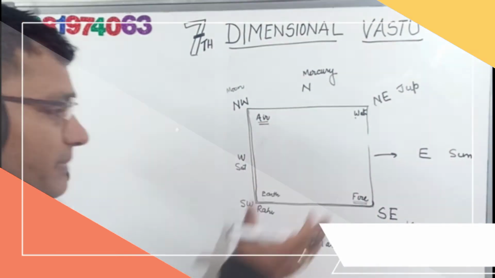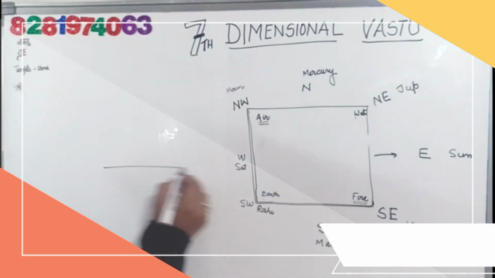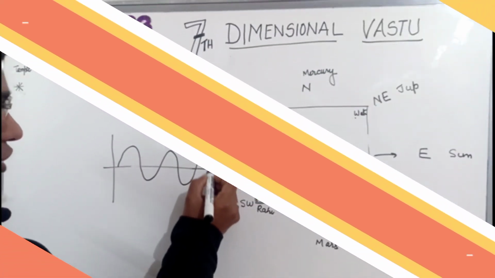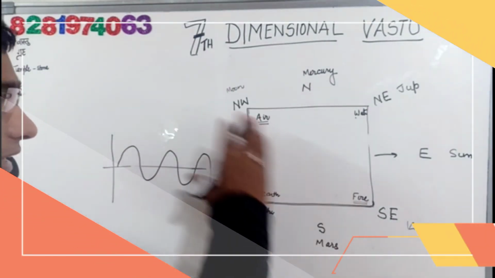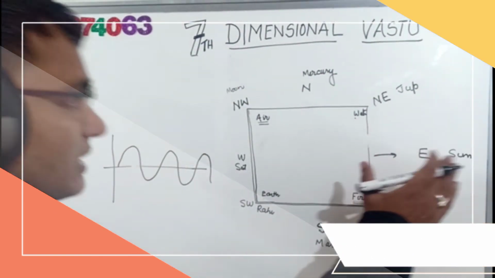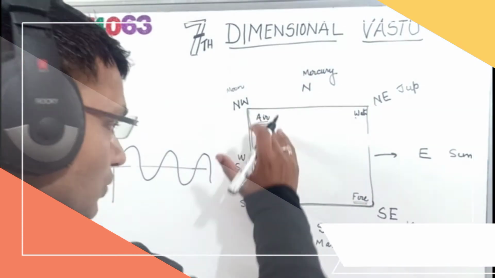So what is the meaning of these elements? Basically, I explained yesterday that if there is some energy wavelength of a particular zone, for example this zone, naturally if you are not keeping anything here in this house, the house is empty, there is no room inside, you are just going to make some room.